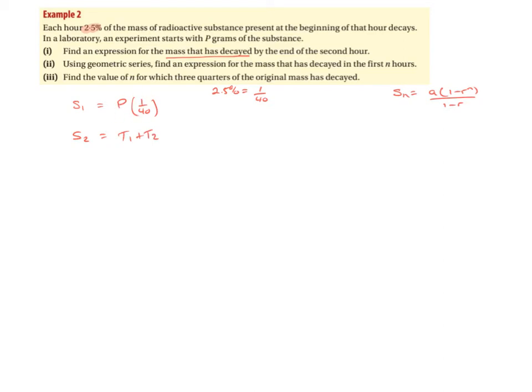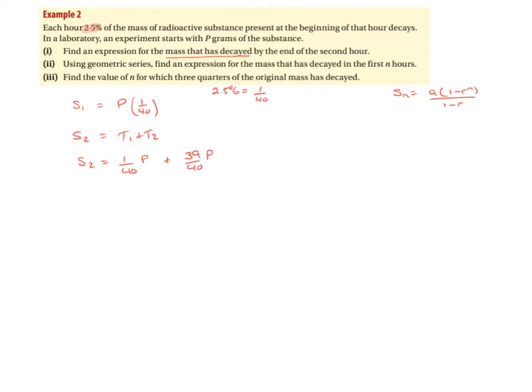Let's write that down. S2 is equal to 1 over 40P, just changed it around there, plus we now need to work out how much has decayed in the second hour. Well, as I said before, guys, if 1/40th of P has decayed, that means we have 39/40ths of P that has not decayed.